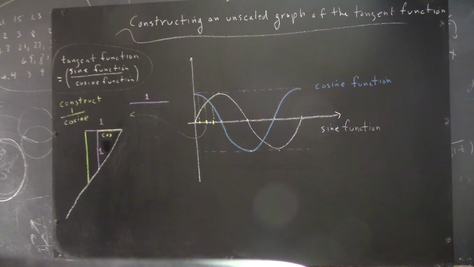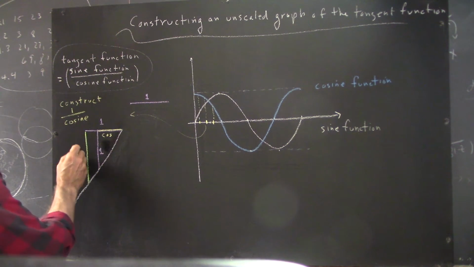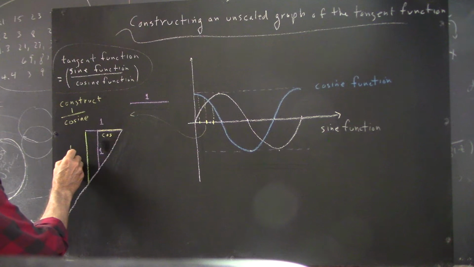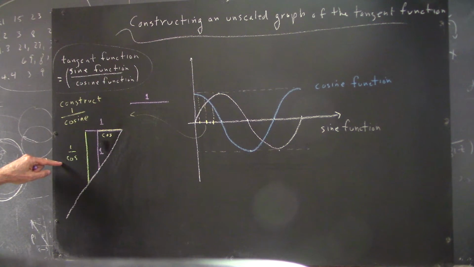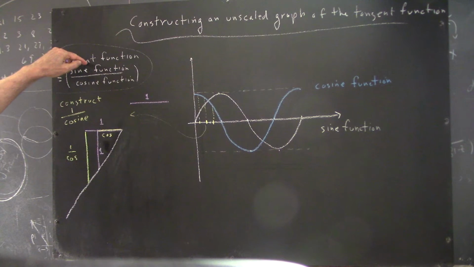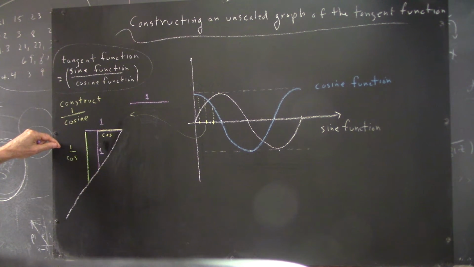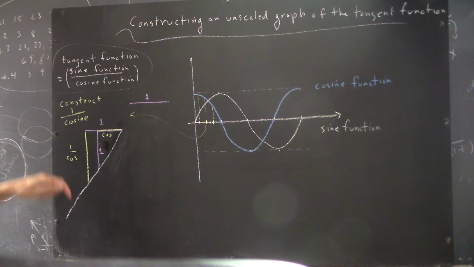Okay, so this green segment represents the reciprocal of the cosine. Okay, so we have the reciprocal of the cosine, and we want to multiply that by the sine. Now, how are we going to do that? Can we use triangles to multiply the reciprocal of the cosine by the sine?